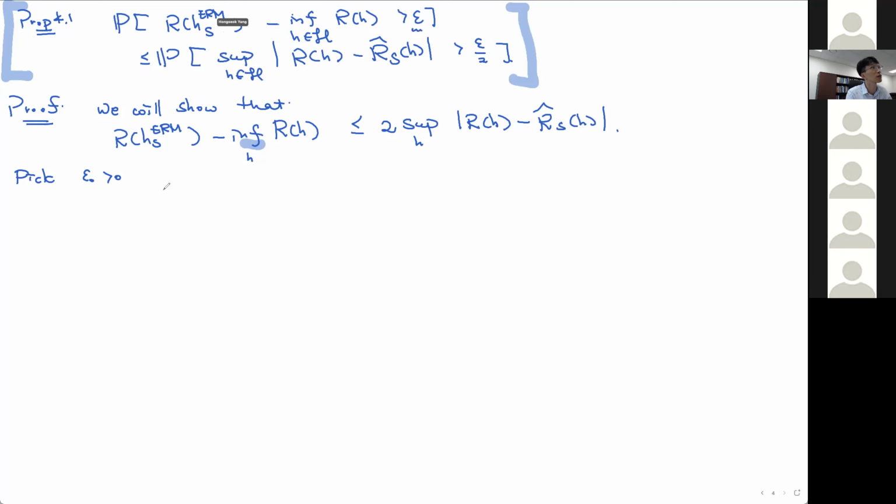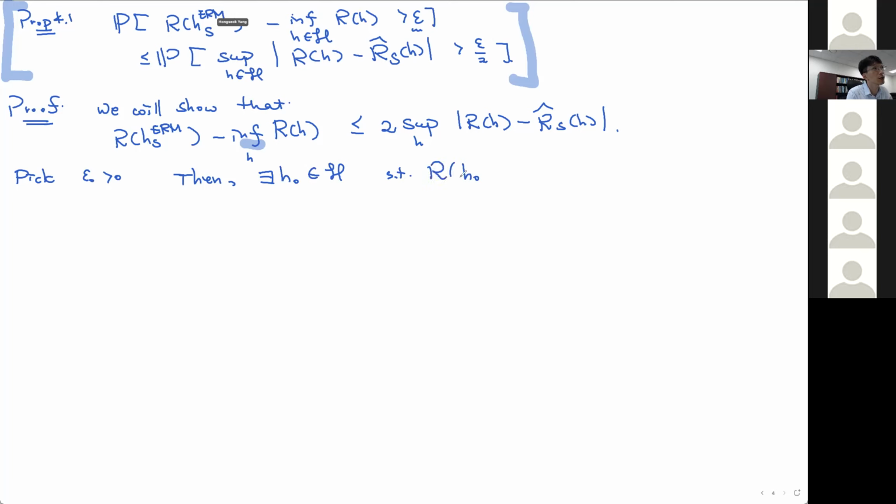It's something that we introduced to deal with this infimum. If we pick an infimum, then there always exists an h, let's write it as H0, such that H0 is quite close to the infimum in the following sense.